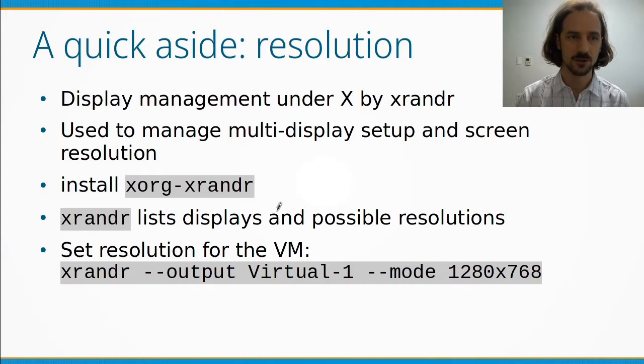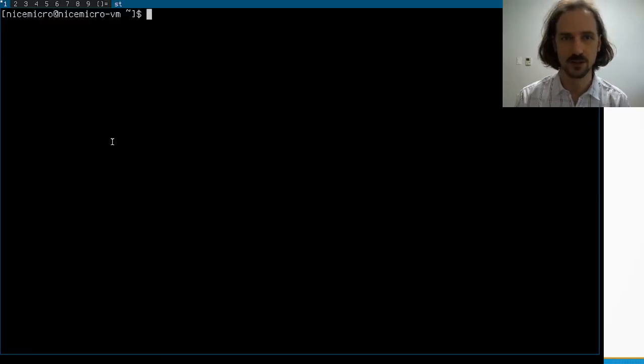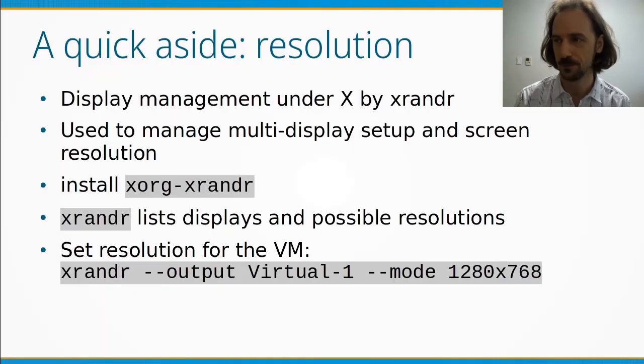I also have to go into a quick aside. If I go to my virtual machine here, you can see that today my virtual machine has changed its shape. It's a widescreen setup now. If you want to copy what I did, I used the xorg-xrandr package to achieve that, and the xrandr command to set my display resolution.